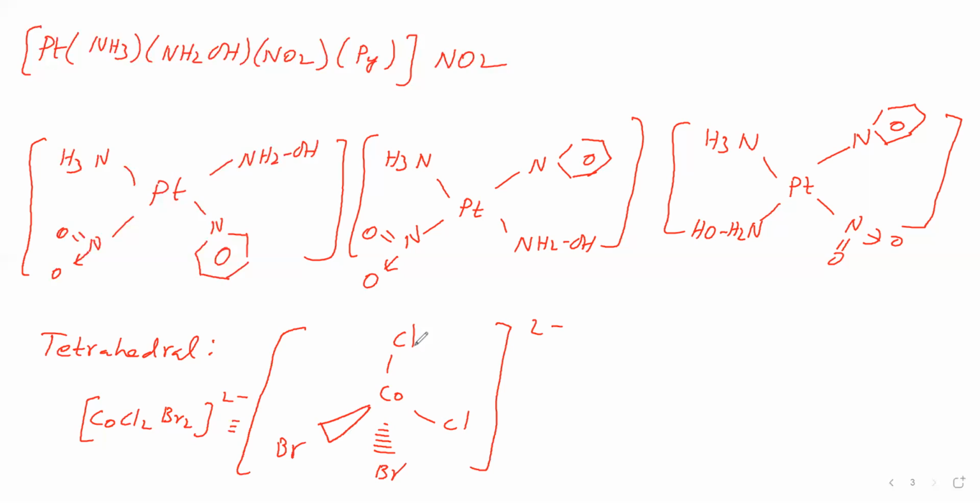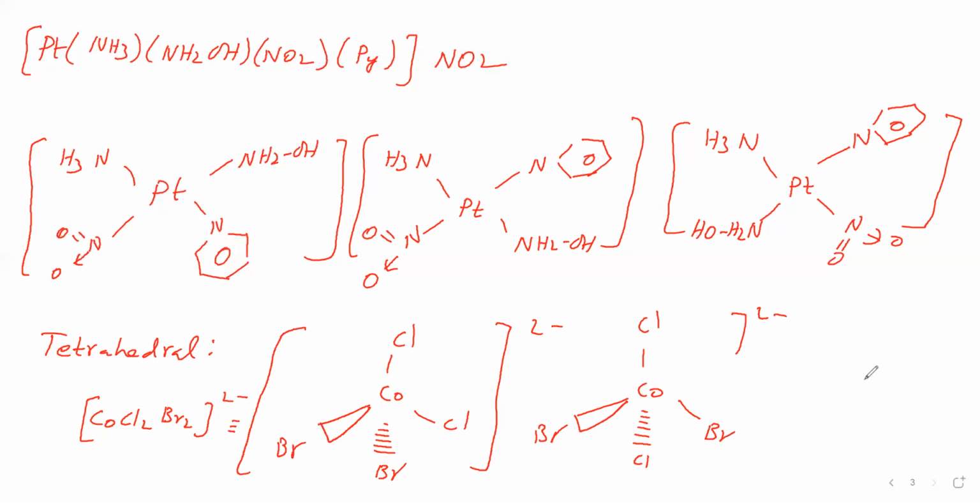Now we will write this one in this way. For this complex, this Cl is adjacent to this Cl. These two Cl are not trans, not across.